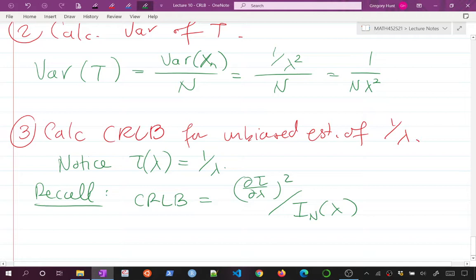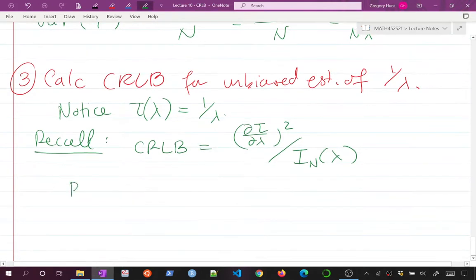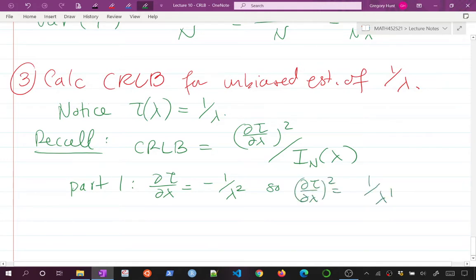So we have 2 parts to calculate. Part 1, the numerator: d tau d lambda is negative 1 over lambda squared, so d tau d lambda quantity squared is 1 over lambda to the 4th.